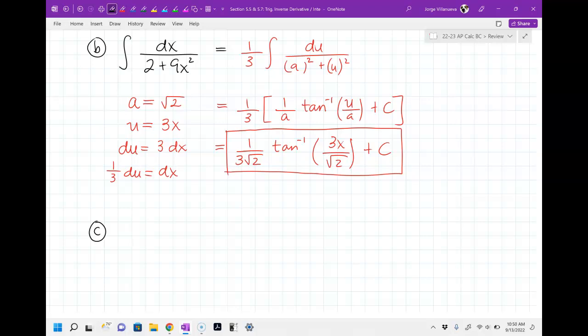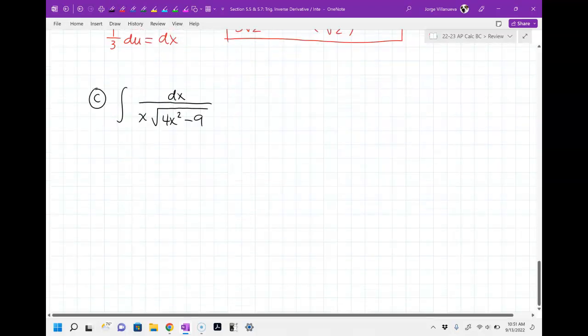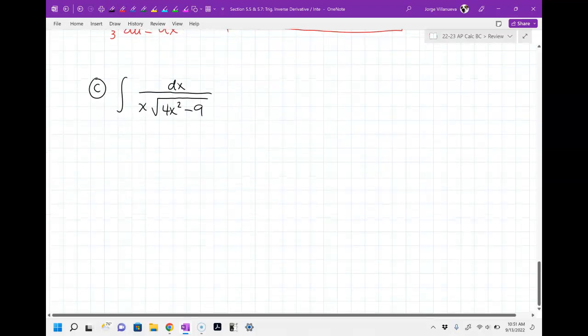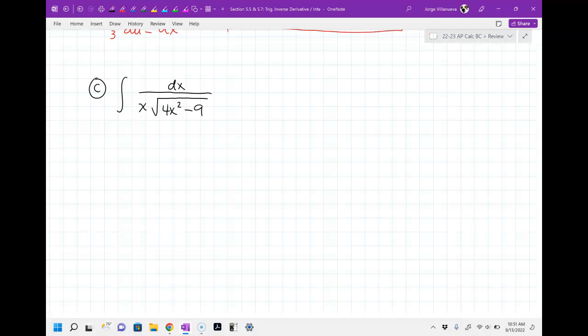So integral dx of x square root of 4x squared minus 9. So the thing about the secant one is that your u function has to match the inside and the outside.